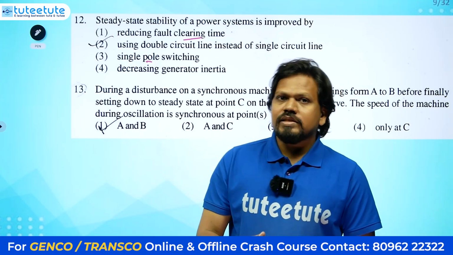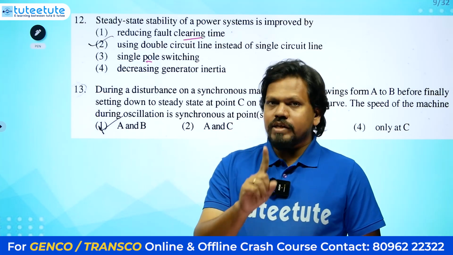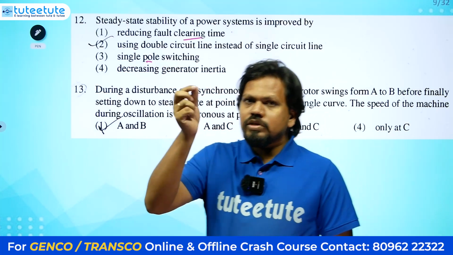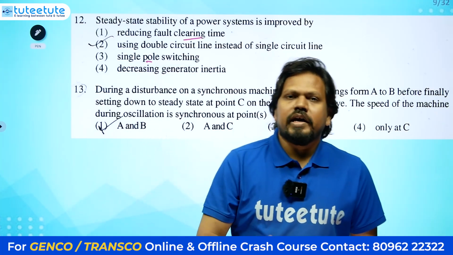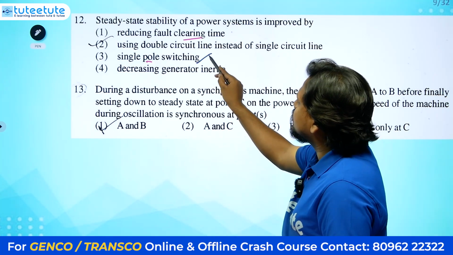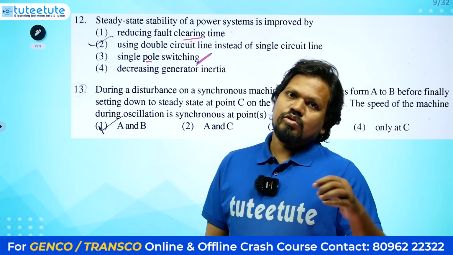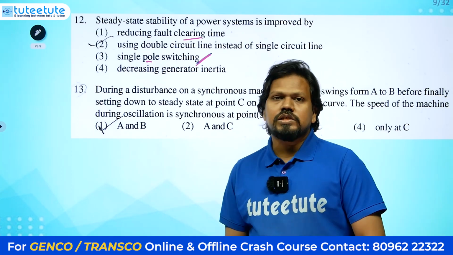So what they are suggesting is, why open all the three poles, open only one pole. That means single pole switching. That means only wherever fault is there, that pole only has to be opened. Like that they are mentioning a suggestion, but this is also related to transient state stability. Not in steady state it is. So to improve the reliability of the system we are using this in transient stability.